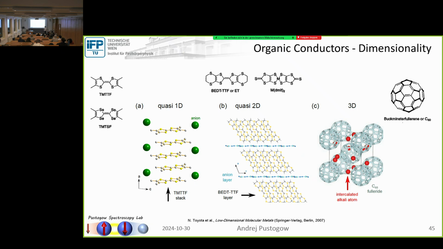The thinnest side, so typically for the quasi 2D ones, they look plate-like. But of course it's a 3D crystal, and there is some finite probability of an electron hopping also in this direction. Is it important, this finite probability? The resistance in this direction is a factor 1000 higher than the resistance in this direction.